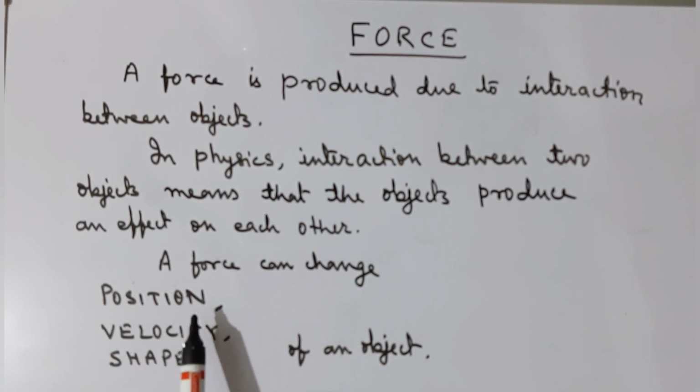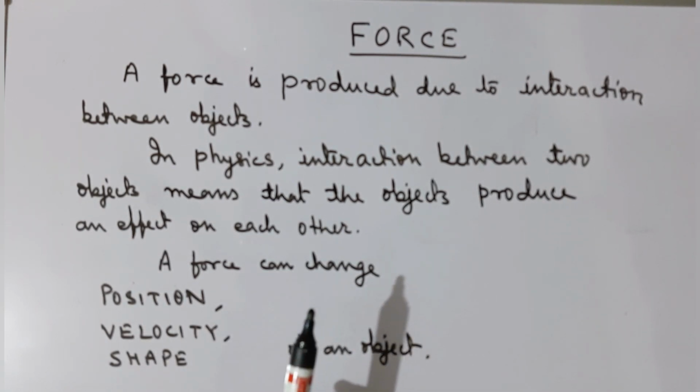By change of position, we mean there is a motion produced in the object. This position may change either in continuous motion or by shifting the object. Then the velocity.